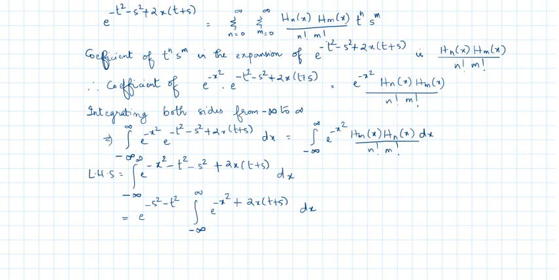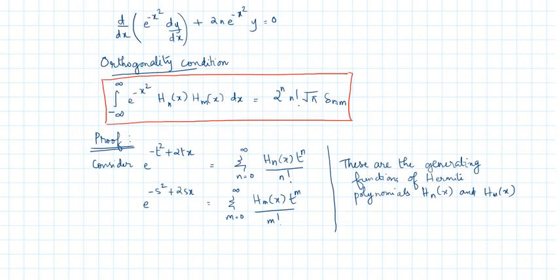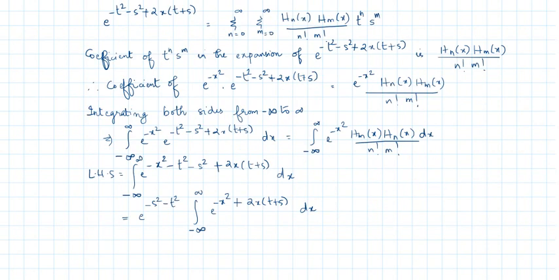On the RHS also, that change would be reflected. This would get multiplied by an e raised to minus x square factor. Now, why did I multiply with this term? If you just recall the orthogonality relation, you have something like e raised to minus x square multiplied with Hn of x, Hm of x. In order to get such a thing, we have initiated such a step here.